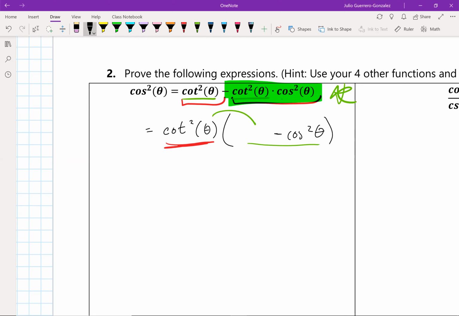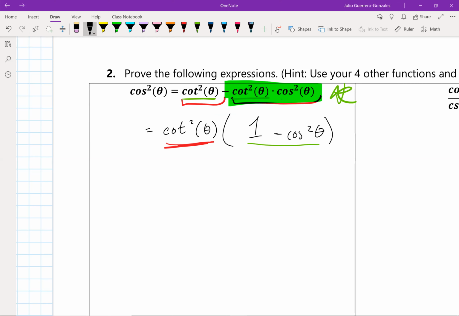Would it have to be like tangent? No. Sine? No. Try again. These are tough. Is it now 1? Yeah, it is 1. There you go. Does that make sense?